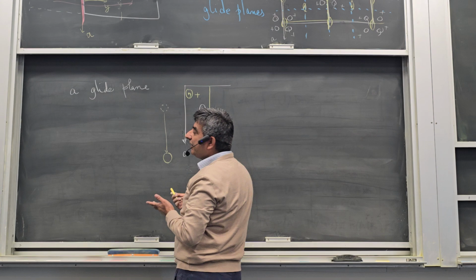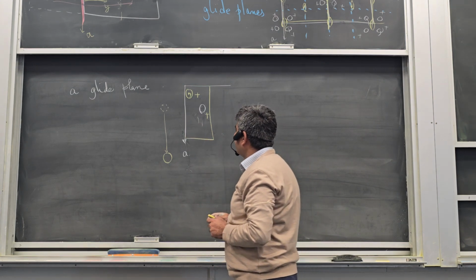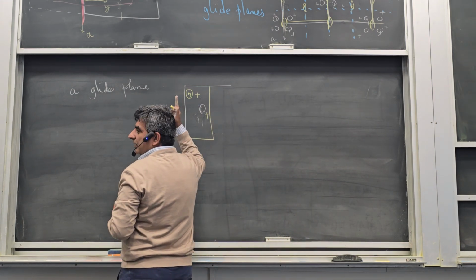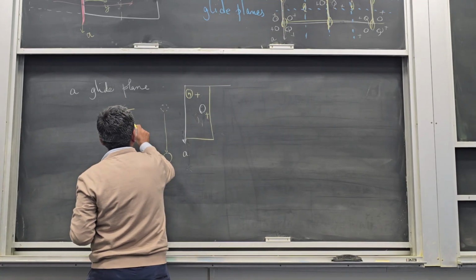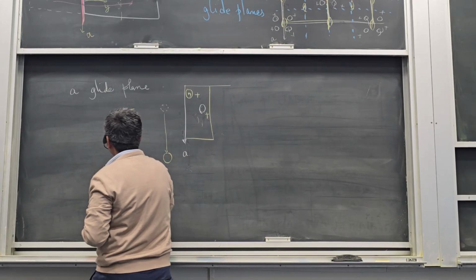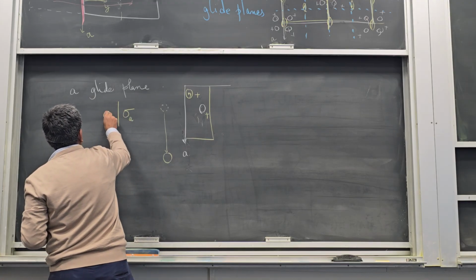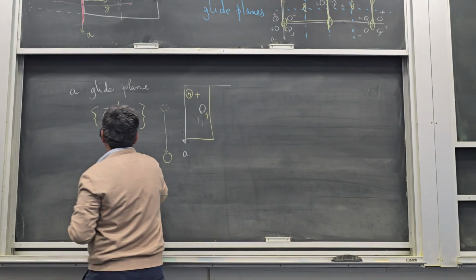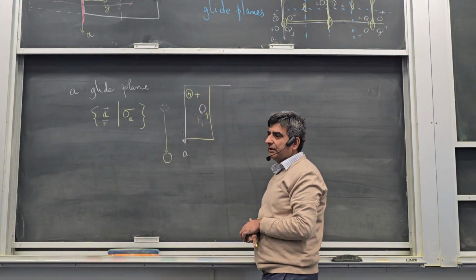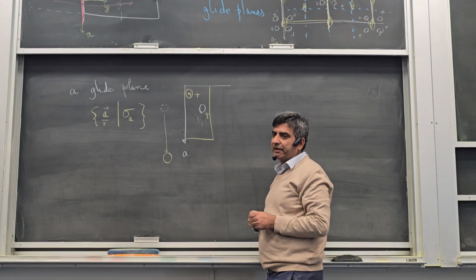This is called an A glide plane, which is really a mirror plane, sigma, parallel to the A-axis, sigma A, followed by a translation a/2. Okay, so this is an old notation for the glide planes.